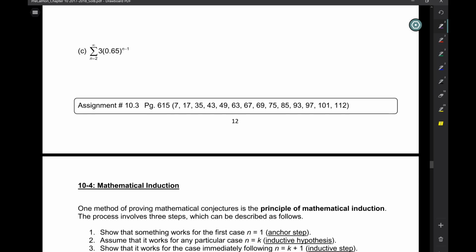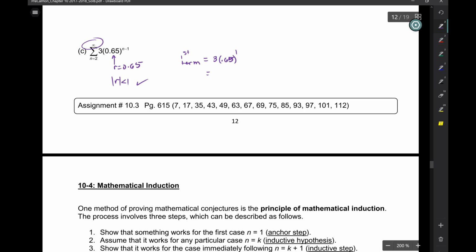And I'm not going to do either 1 or 2. I'm going to do number 3 because this is r, right? And since r is less than 1, it works. And this is an infinite series, you can see here. What's the first term? 3 times 0.65 to the power of 1.